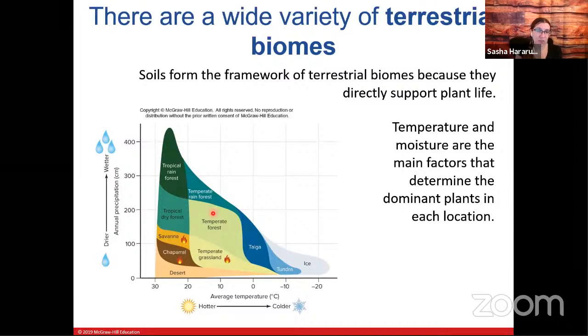Now, if the temperatures became warmer, let's say the temperatures used to be 10 degrees Celsius, and the temperatures became warmer and rainfall increased by 100 centimeters, we would move on the graph over here.